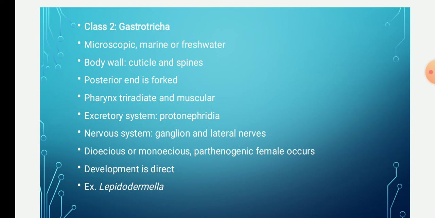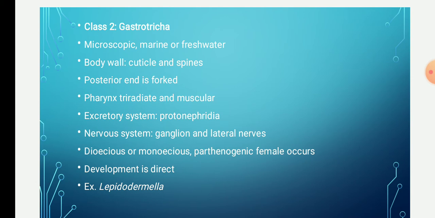They are dioecious or monoecious. What do you mean by dioecious? Dioecious means the organism has the male and female reproductive organs in different individuals. Whereas in monoecious, what happens?